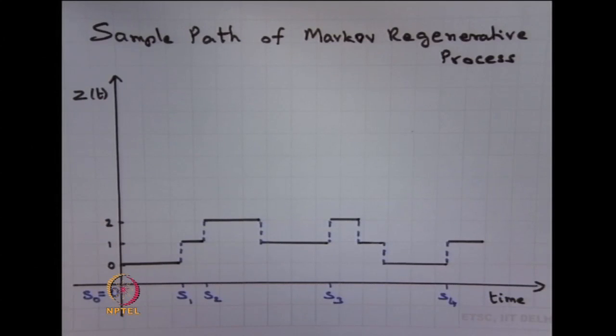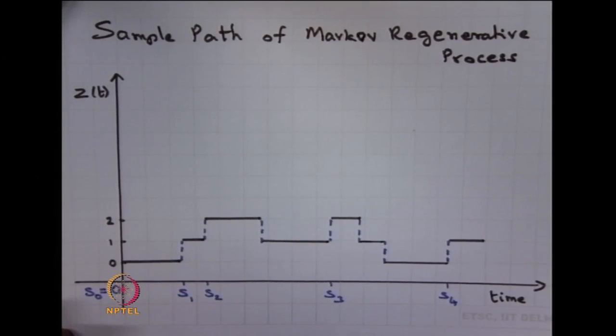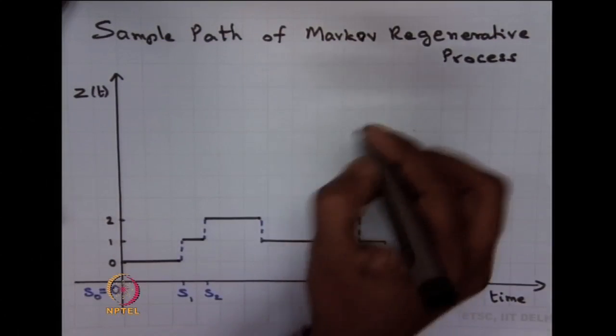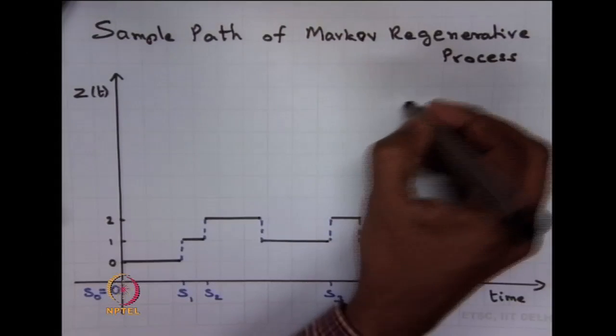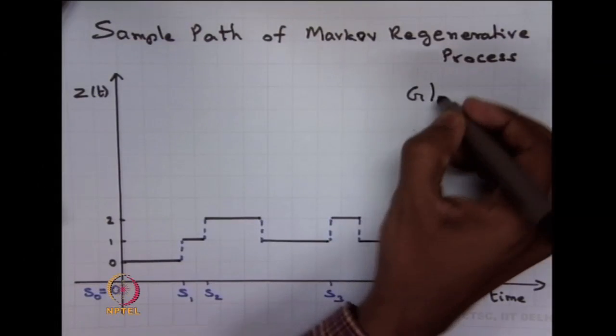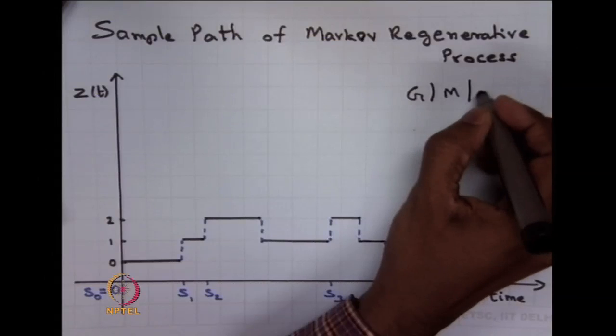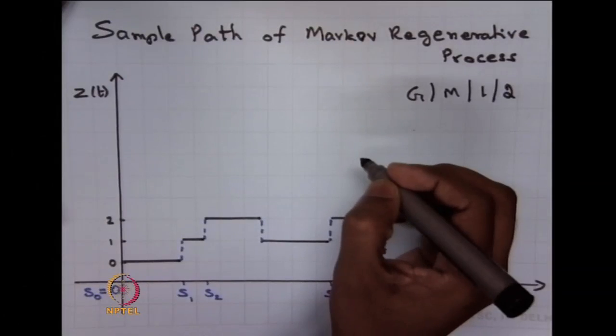Consider the sample path of a Markov regenerative process. In this stochastic process, omega is {0, 1, 2}. Consider the simple example of a G/M/1/2 queuing model.